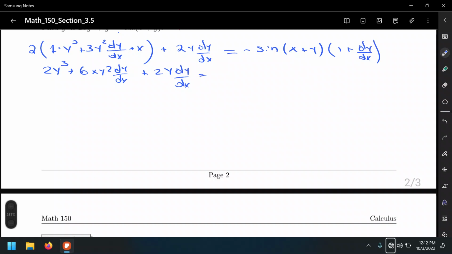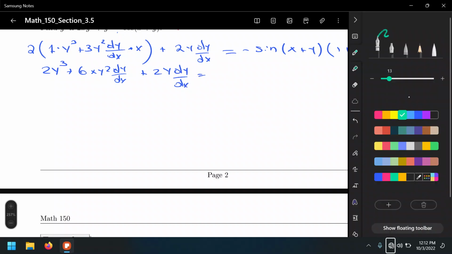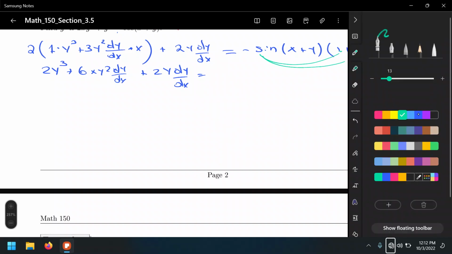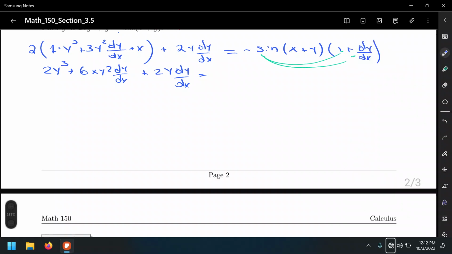And over here, I would have to distribute the negative sign times 1 and times the dy dx. So that's going to give us simply negative sine of x plus y minus sine of x plus y times dy dx.